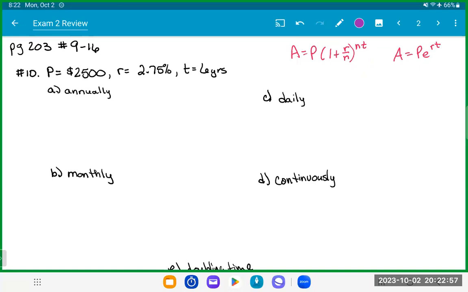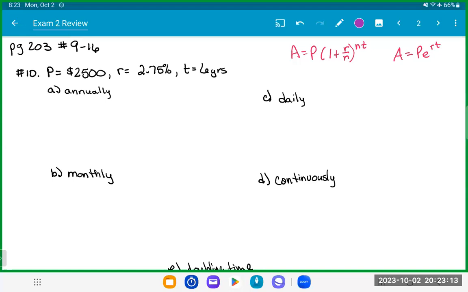Here, the accumulated growth is your principal times 1 plus your rate over n, raised to the number of compounds per year times the time.